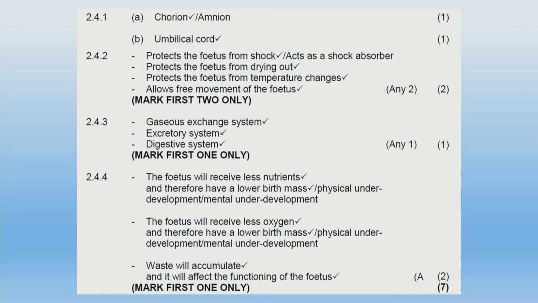What will happen if the fetus receives less nutrients? Therefore it will have a lower birth mass, or physical underdevelopment, and mental underdevelopment. And again, the fetus will receive less oxygen, and therefore have a lower birth mass.